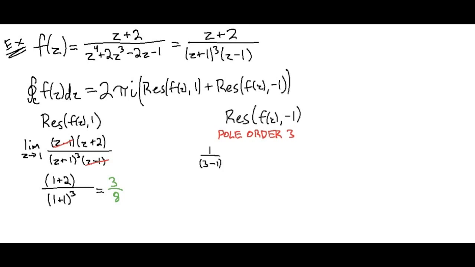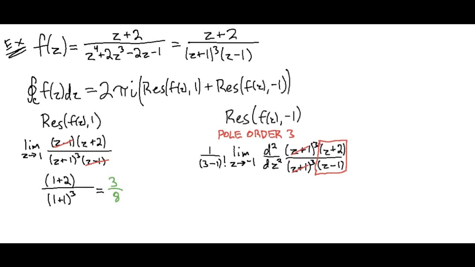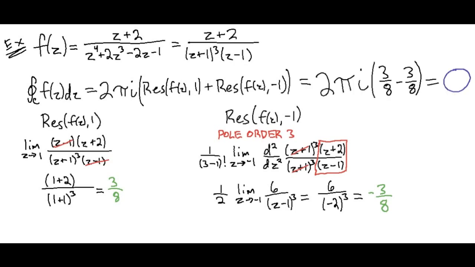So we take 1 over 3 minus 1 factorial times the limit of the second derivative of our function as z goes to -1. But before we take the derivative, we multiply our function by z plus 1 cubed. We're taking the second derivative of this chunk right here, which ends up becoming 6 over z minus 1 cubed. Take the limit, and then multiply by 1 over 2 factorial, and we get -3/8. So adding up our residues, we get 0, and our integral is 0.